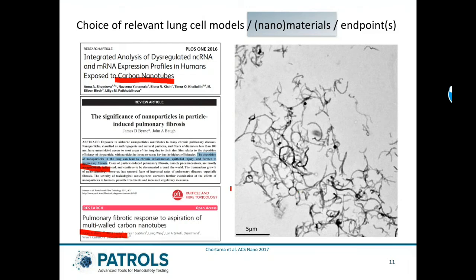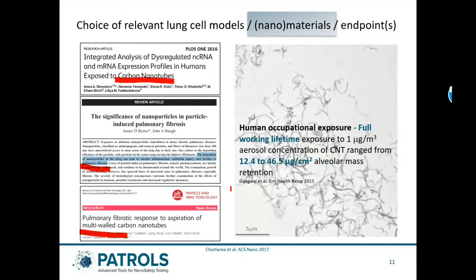It's not only the material which is relevant, but it's also the concentration we use. And as we would like to mimic more the occupational exposure, we should try to avoid very high acute exposures, but rather aim for a repeated exposure to very low concentrations.